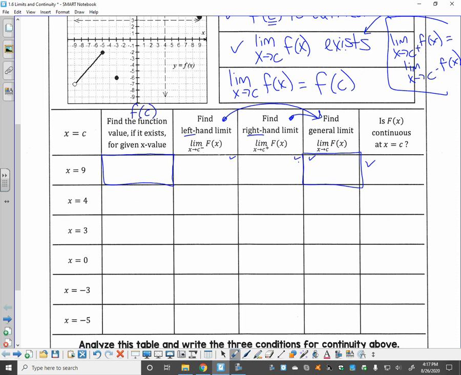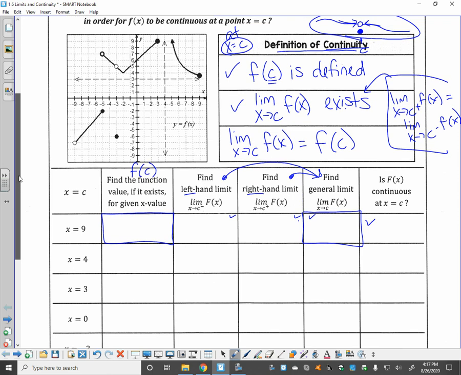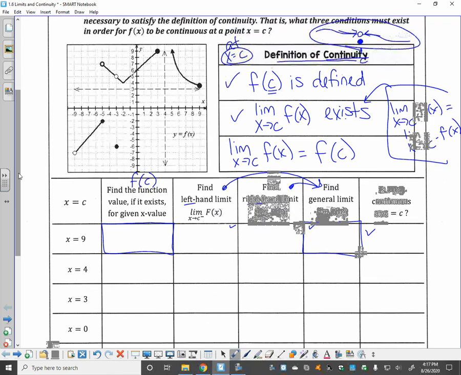Okay, so let's look at 9. So 9 is here. That looks like a hard stop. So here we go. f of 9, I'm going with 3.5. Left-hand limit, 3.5.